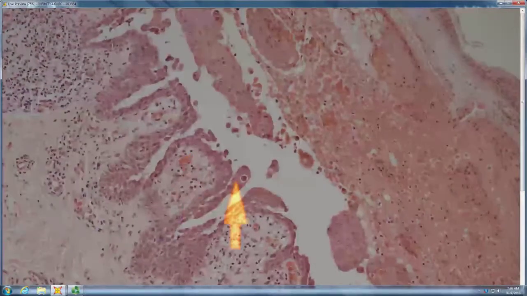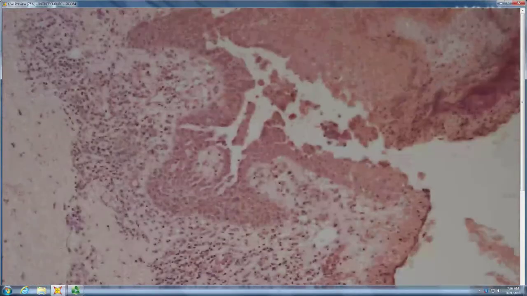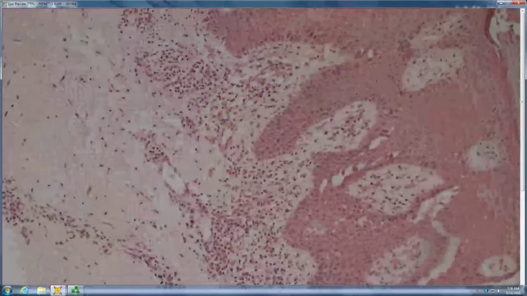There really are some, what look like some corps ronds there. So, Grover's disease. Yeah, it looks more Grover-ish. Presumably the diagnosis was made with immunofluorescence, but that's a couple of standard deviations from norm.